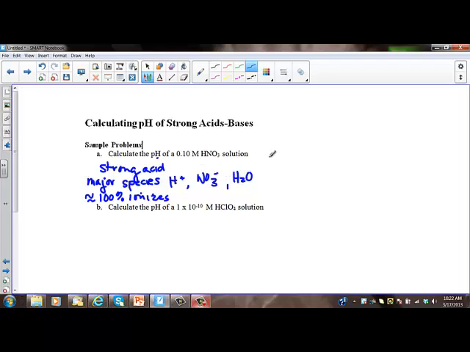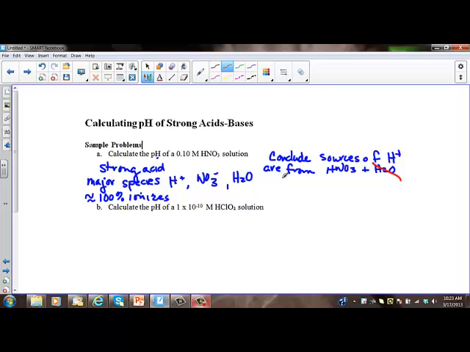So basically we can conclude that our sources of H plus are from HNO3 and, as I said, H2O, but this one is really going to be irrelevant compared to the HNO3.